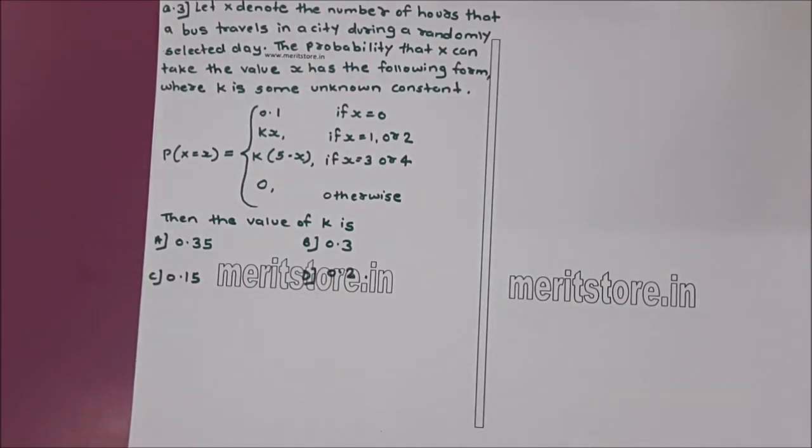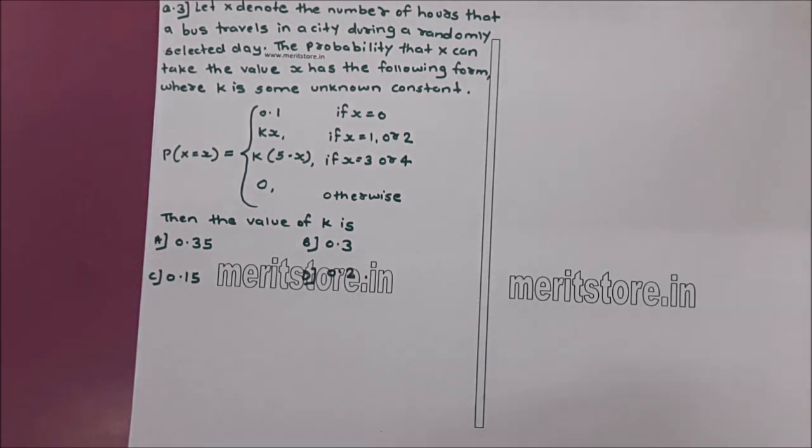Question 3. Let x denote the number of hours that a bus travels in a city during a randomly selected day. The probability that x can take the value x is of the following form, where k is some unknown constant.